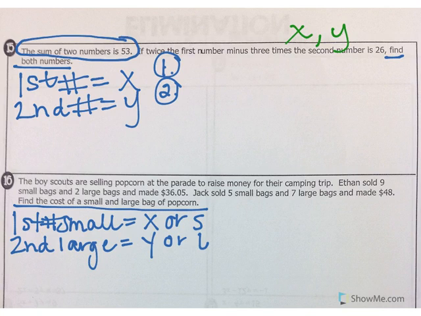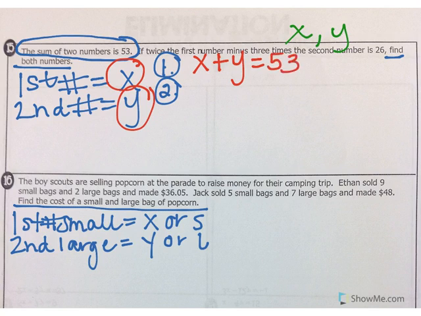Your first number we said was x, and the second number was y. So the sum of x plus y equals 53. So our first equation is about the sum, okay? And we can put sum next to it.